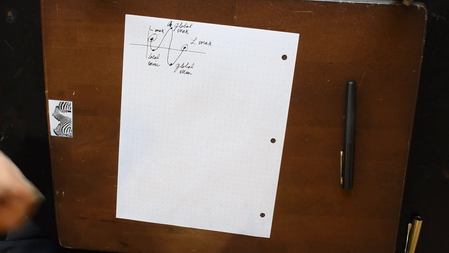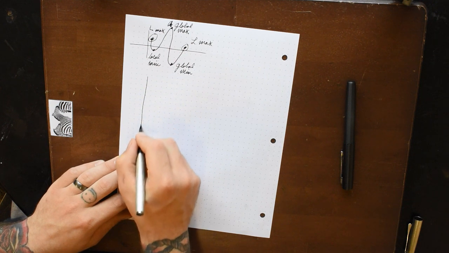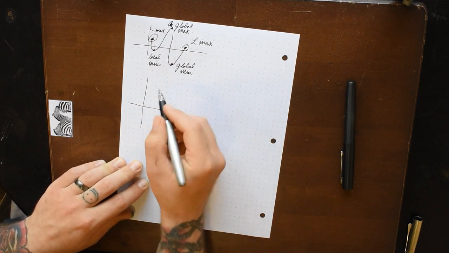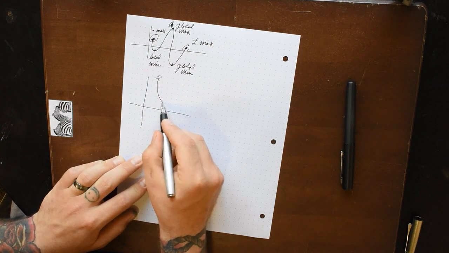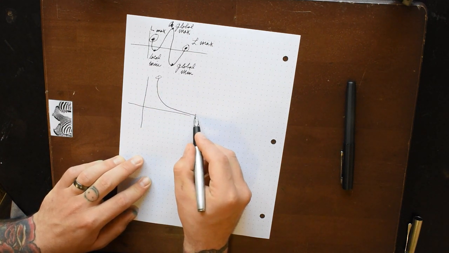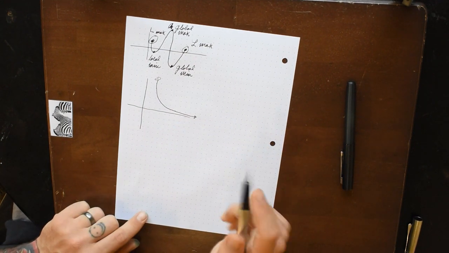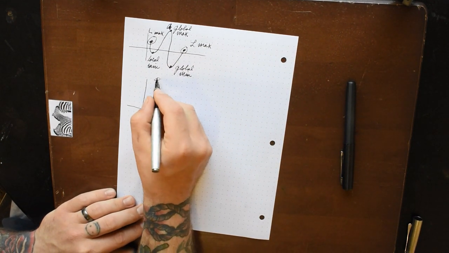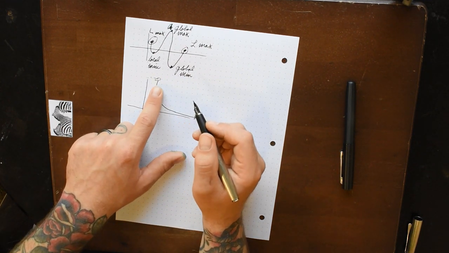So this can also be tricky. Something to be aware of is that functions like this that are continuous everywhere. I want to talk about this point up here. This is not a global max.